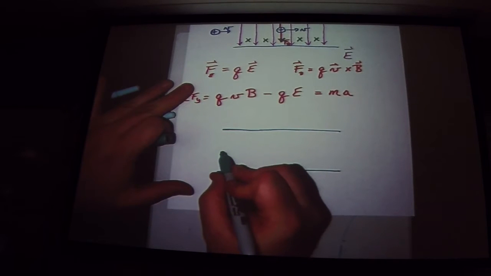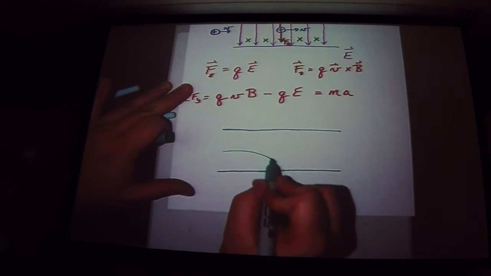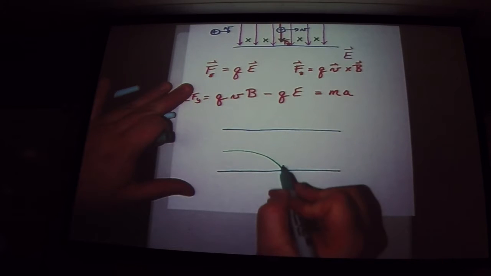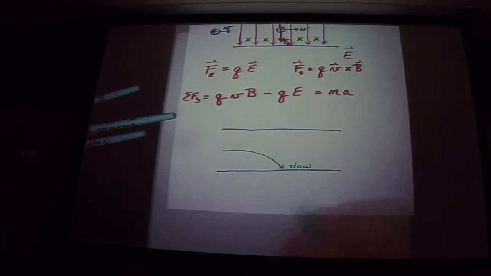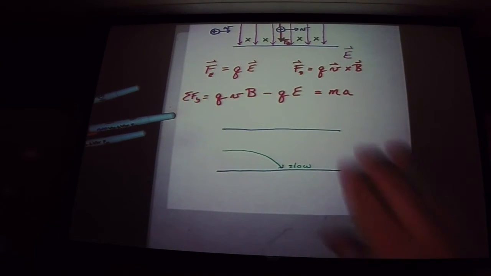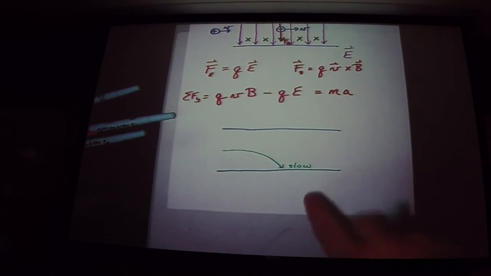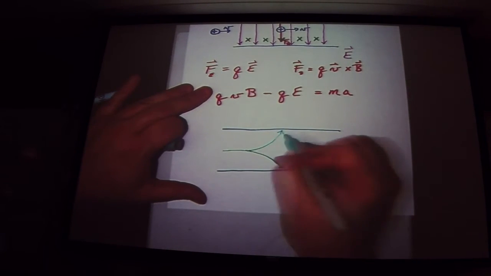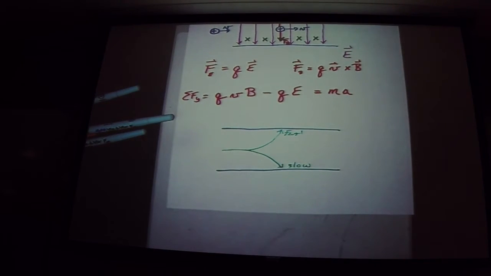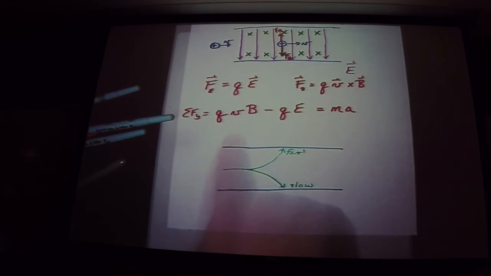If the velocity is too slow, the beam will deflect toward the bottom plate. If velocity is too fast, it goes to the top, because the magnetic force will be bigger than the electric force.